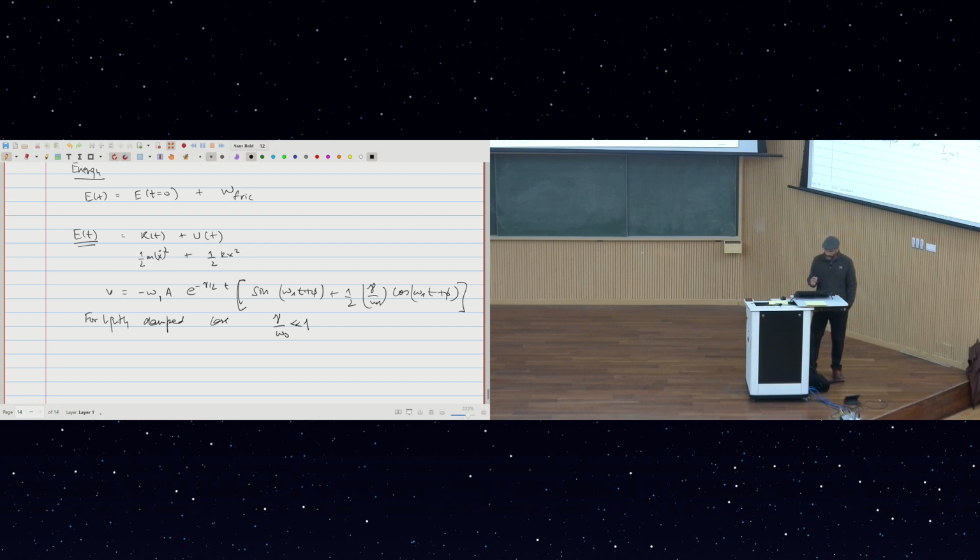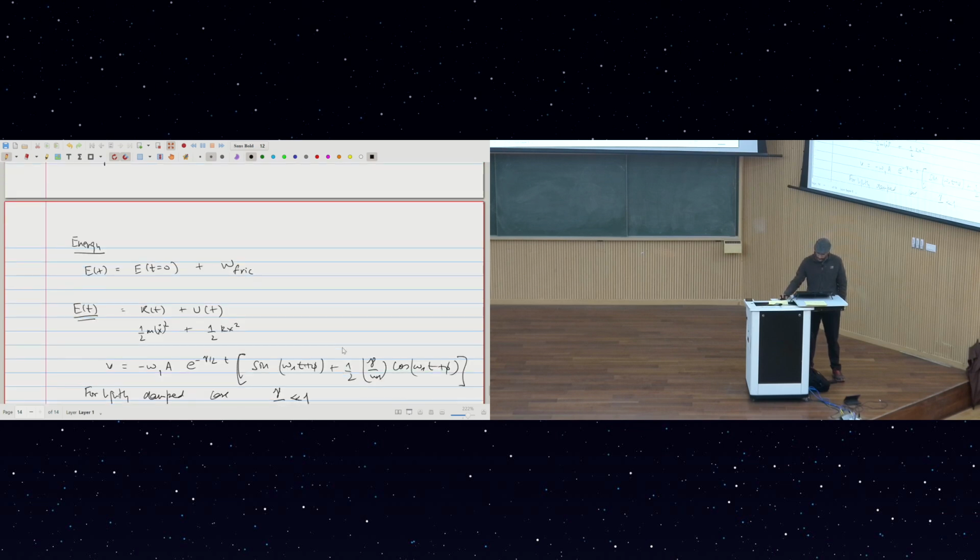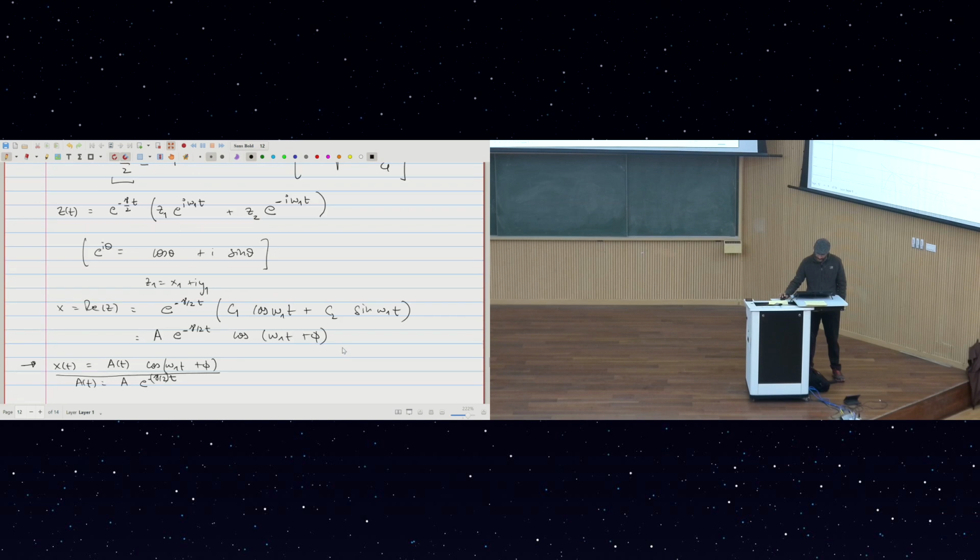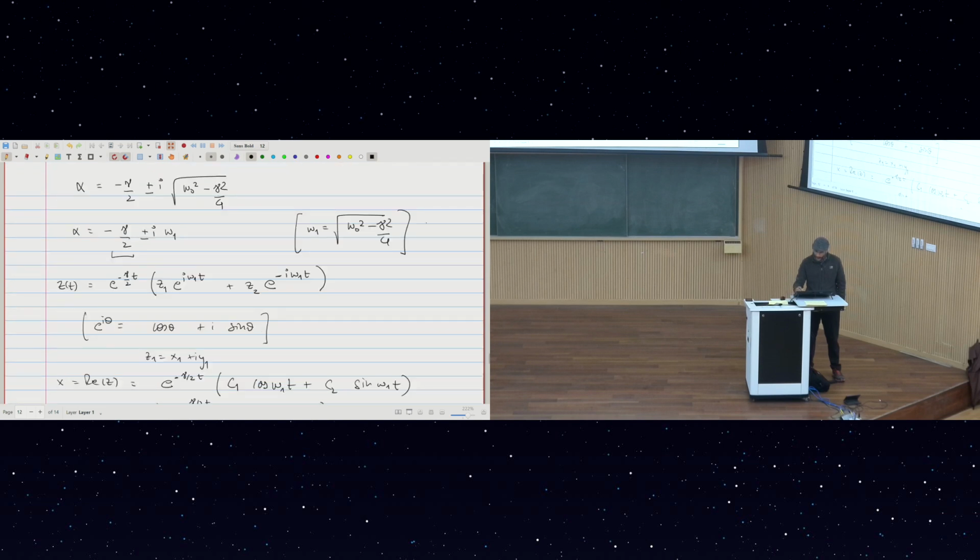In that case, we also remember what omega 1 was. So for the situation where gamma by omega naught is much less than 1, you can easily see that omega naught is approximately equal to omega 1.